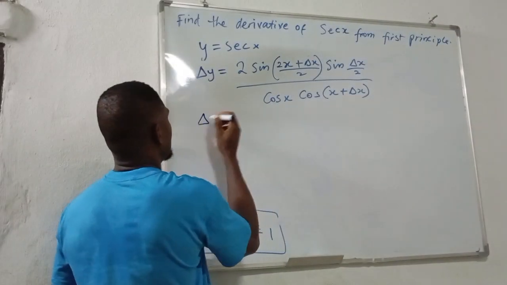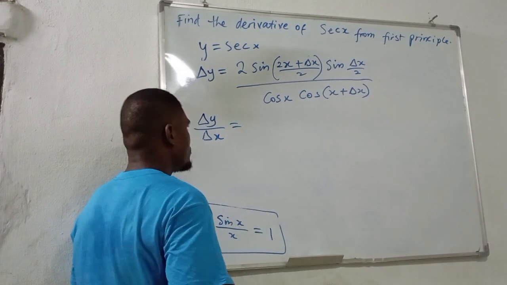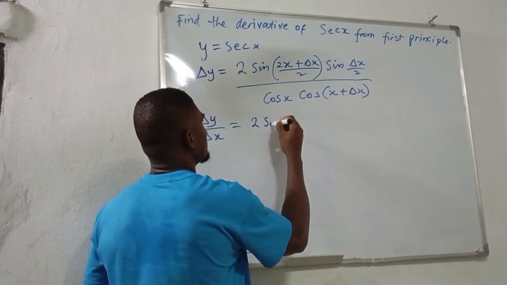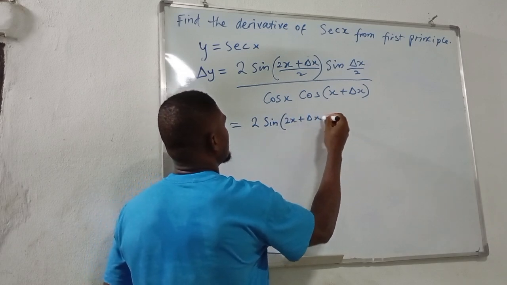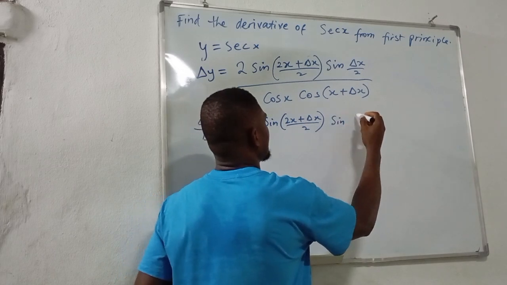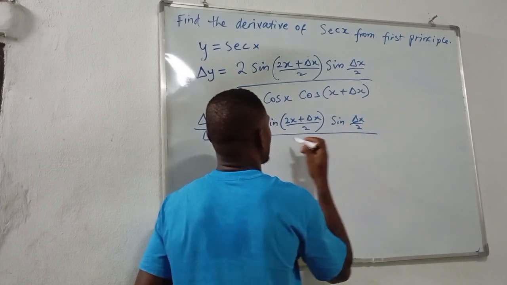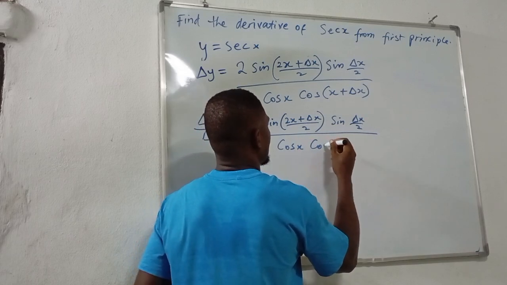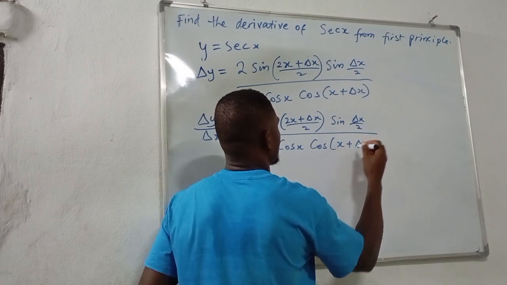So this change in y over change in x will now be equal to 2 sine 2x plus dx over 2 sine dx over 2 all over cos x cos x plus dx.